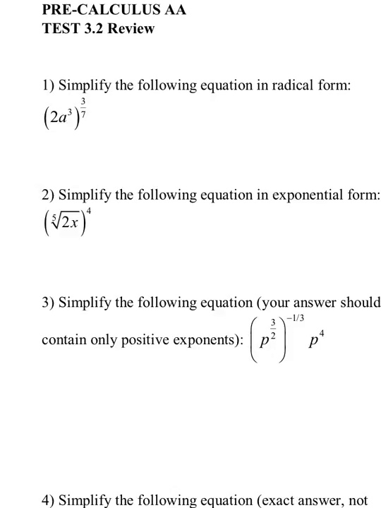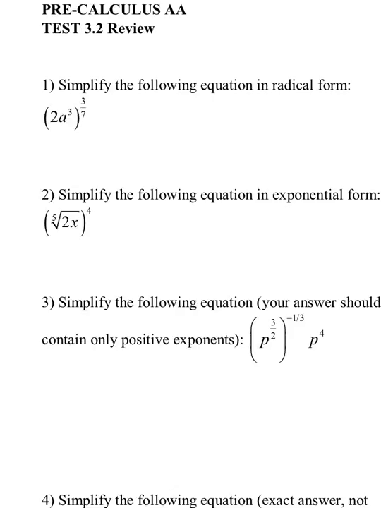Okay, so we're going to change this equation into radical form. And all you have to do is remember that the 7 that's in the denominator right here is actually going to be the 7 that's in our root for our radical.